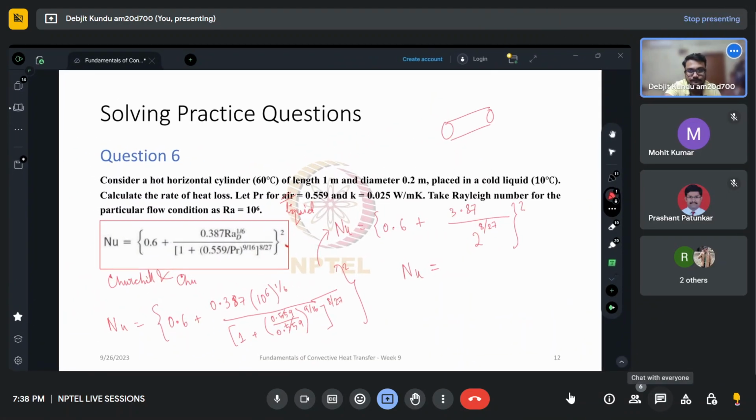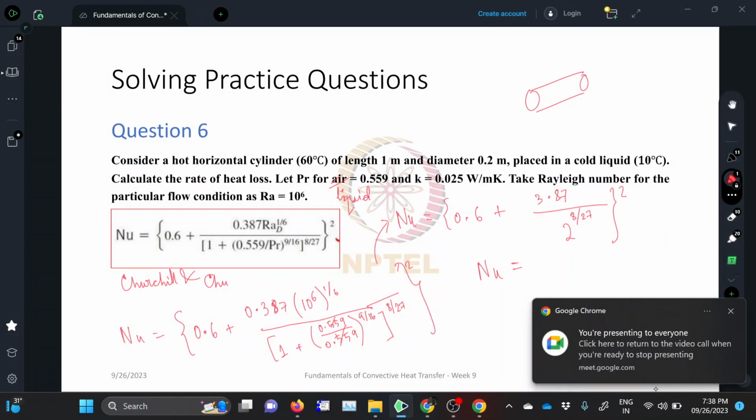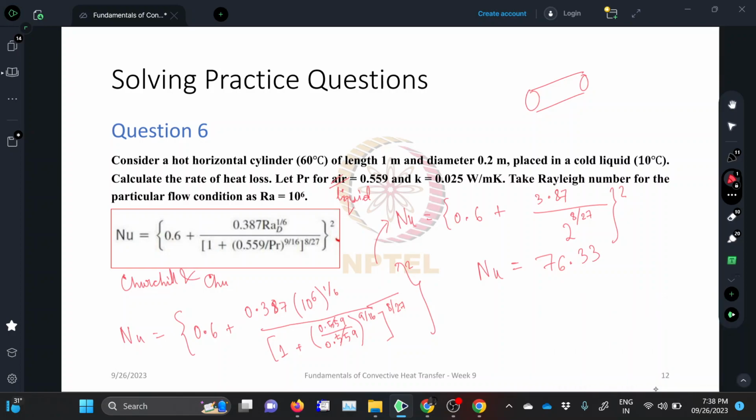76.33, is it? 76.33. I'll just check one side. I want to make sure that we are doing this correctly. So 2 to the power 8 by 27. This is 1.227.